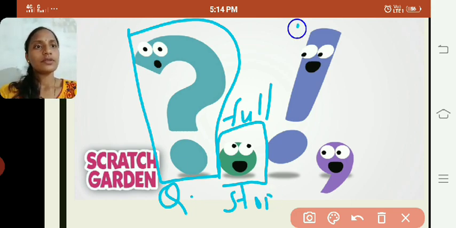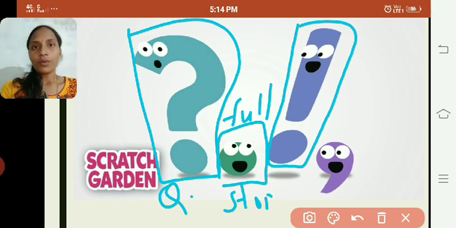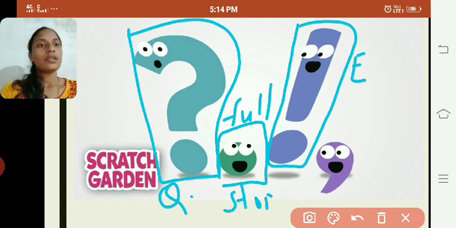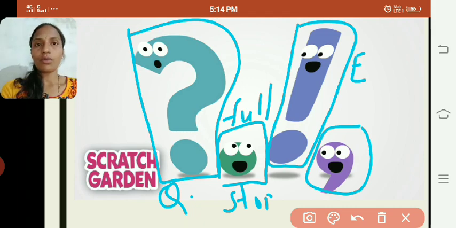Next, this one. This is the symbol for exclamation mark to show emotions, to show expressions. And the last, comma.